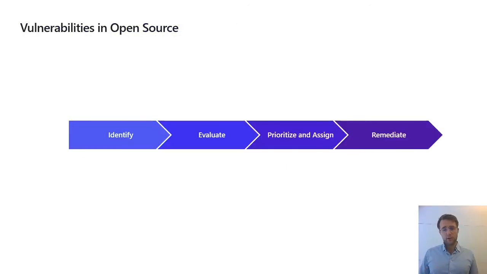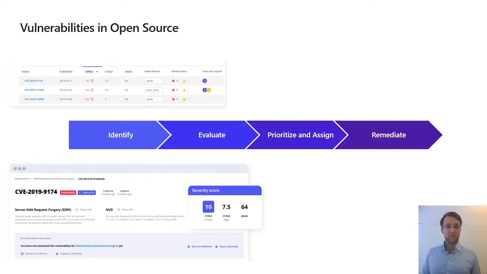Such tools usually perform software composition analysis to find out what open source you're actually using and map that open source into existing vulnerabilities that are found in places such as the National Vulnerability Database, NVD, and security advisories. They are usually presented with some type of list of vulnerabilities, and more thorough information of the vulnerability with the severity scores and such information.